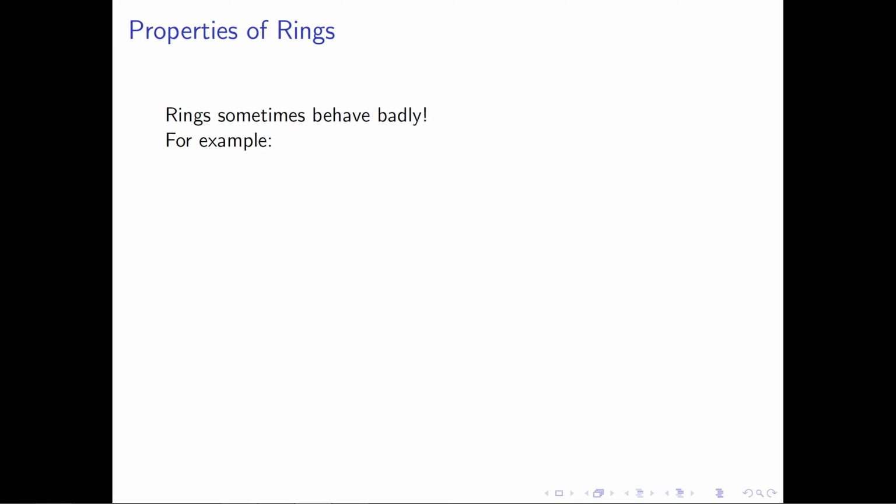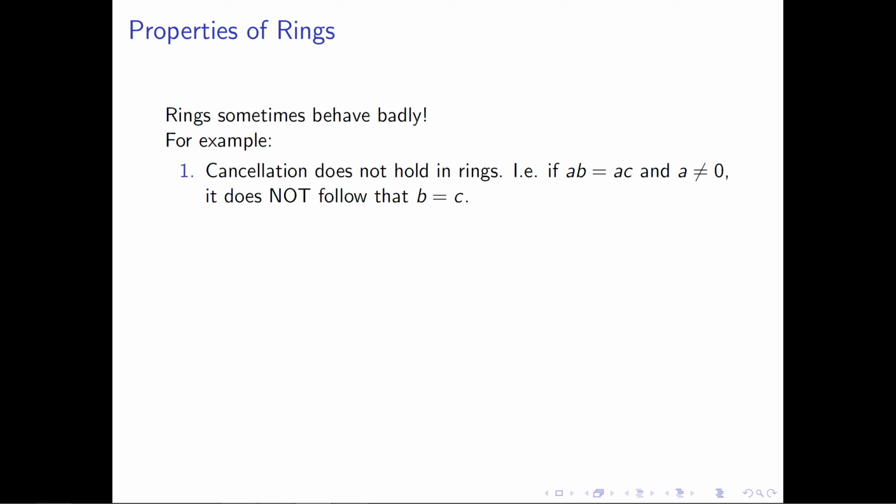So for example, what I mean is cancellation is something that does not hold in general in an arbitrary ring. That is, there's this particular fact we're really used to about the integers. If I start with a non-zero number a, and I'm looking at the equation ab equals ac, we're very used to canceling the a's, so to speak, and concluding that b is equal to c, but this is just not true in general in an arbitrary ring.